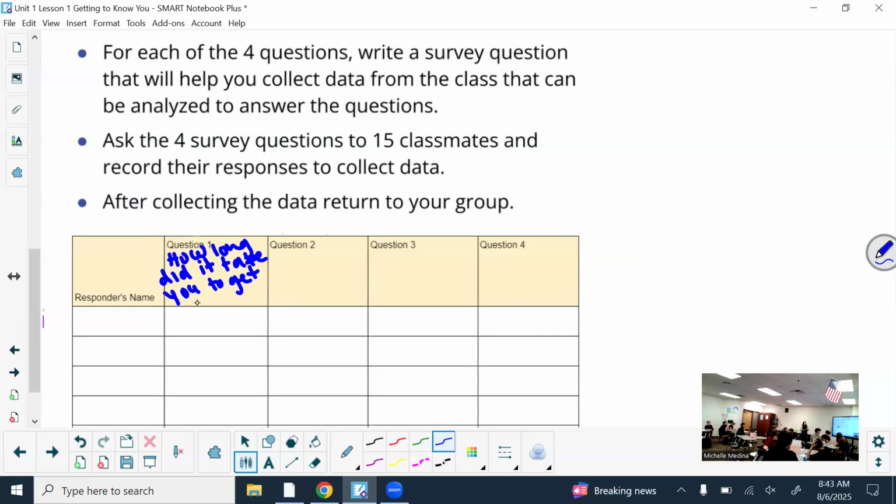My pen is really thick, so you're just going to have to squeeze it in there. And again, don't copy that unless your question one is the same. You all have unique questions.